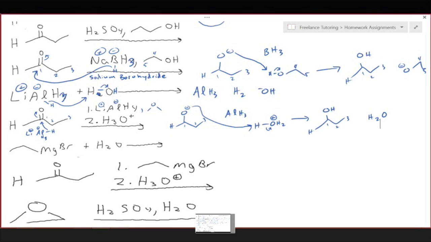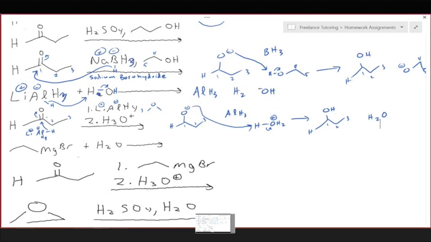Now, it looks like it would not have reacted with the carbonyl if we had used water as a solvent. Could you say that one more time? I didn't hear you. Oh, it looks as though had we used water as a solvent, that carbonyl would not have reacted with anything.